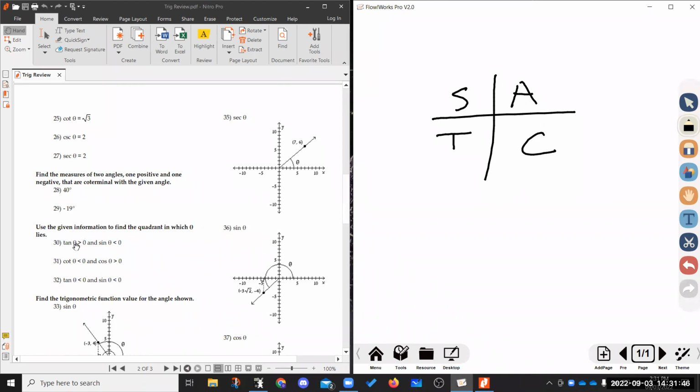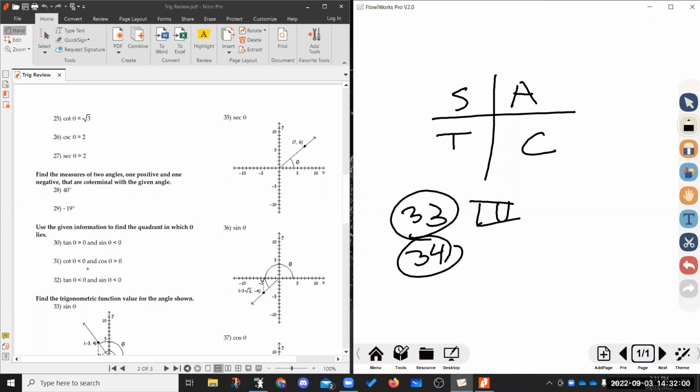So if I have a positive tangent, that's positive slope, so I'm in quadrant 1 or 3, and sine is negative, that's a negative y value, I'm in quadrant 3. 34, cotangent, that's still related to my slope, but it's x over y instead of y over x, is negative, I'm here. And cosine is positive, that's a positive x value, I'm in quadrant 4.